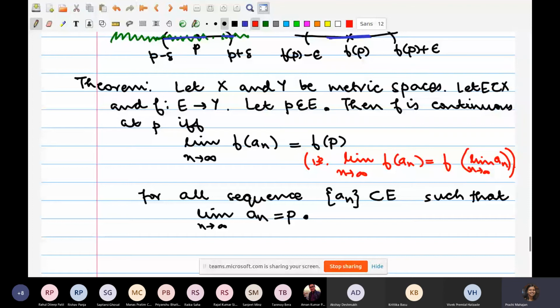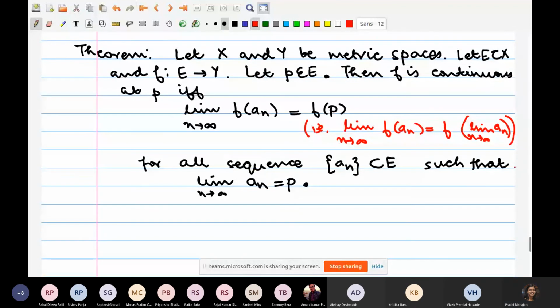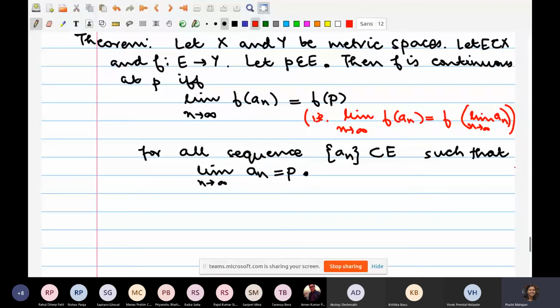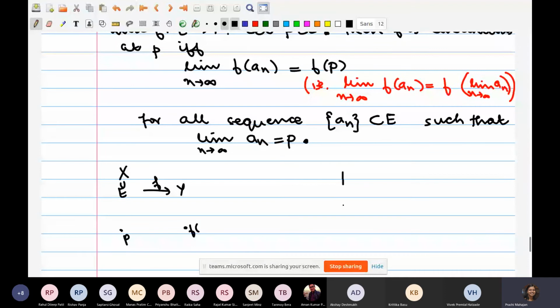Yeah. So again, let me draw a picture here. Again, something in R2. So if you have E a subset of X, a function f, you have a point P, you have f of P. Now, what are we doing here?